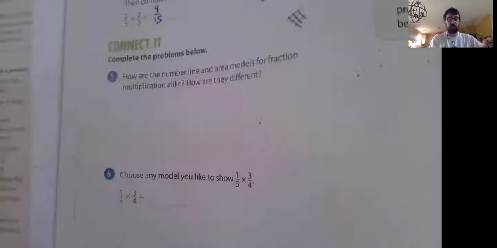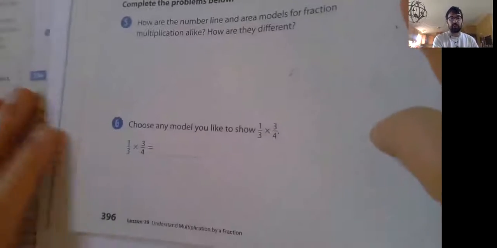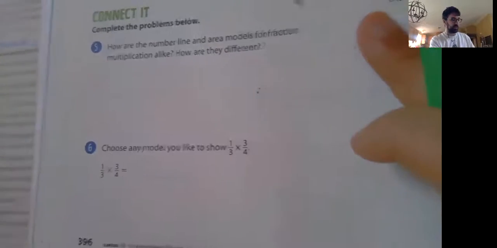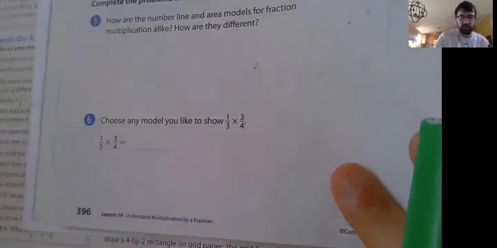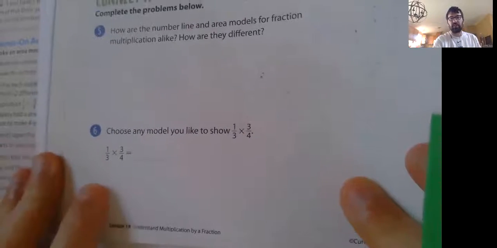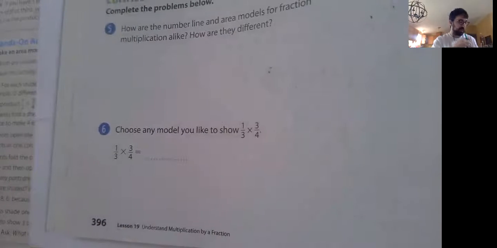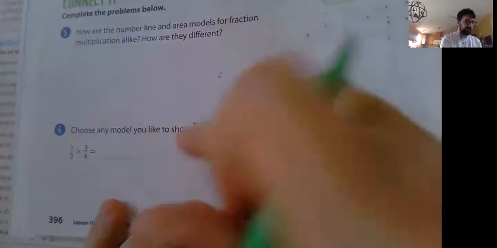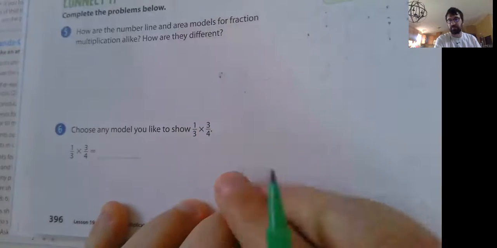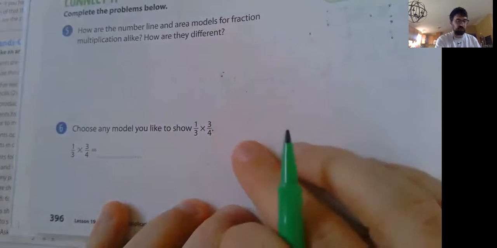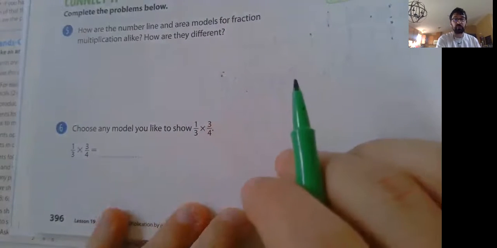Okay. What we will do is this bottom one here together, and you check your work with this one. It says choose any model you like to show 1/3 of 3/4. Well, I'm going to show 1/3 of 3/4. Now I can go ahead and flip-flop this. Doesn't really matter. But if I want to show what this is, 1/3 of 3/4, I want to show 3/4.